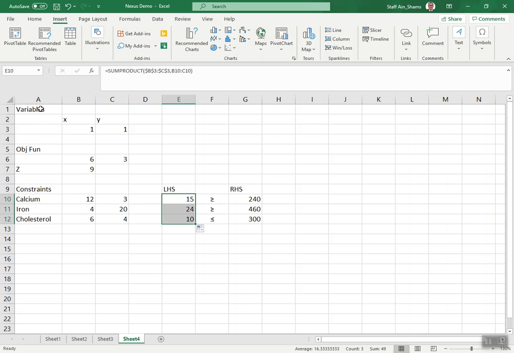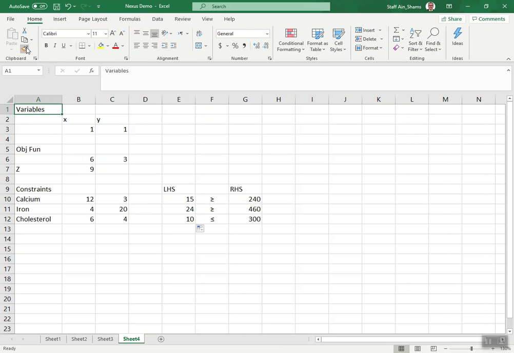Now we have the model. We have variables, a section for the objective function, and a section for constraints, and we want to calculate the optimal values and calculate the value of vitamin A at the solution.